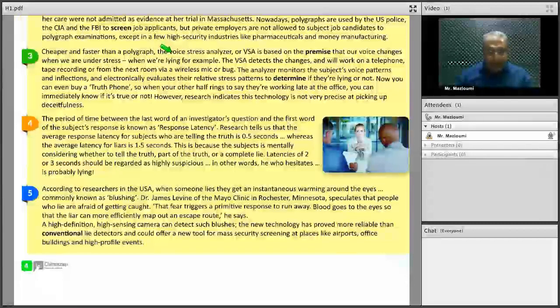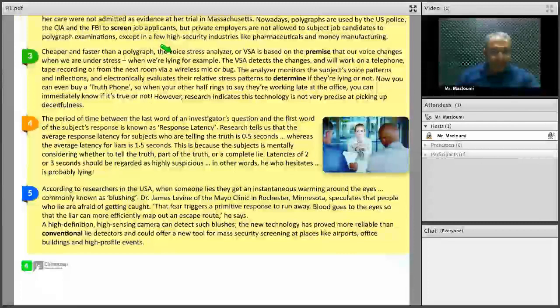The analyzer, the VSA, monitors, finds out, checks the subject's voice patterns, the speaker's voice patterns, and inflections. Well, everyone, inflection means the way the sound of your voice changes. The sound of your voice goes up and down when you speak. We call that inflection.